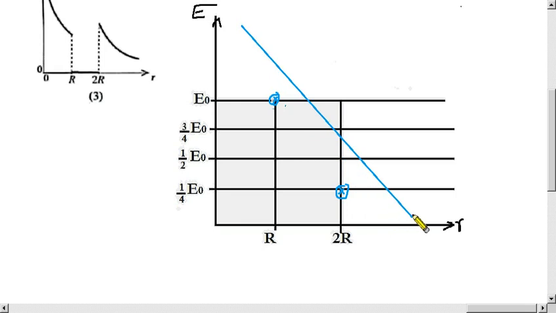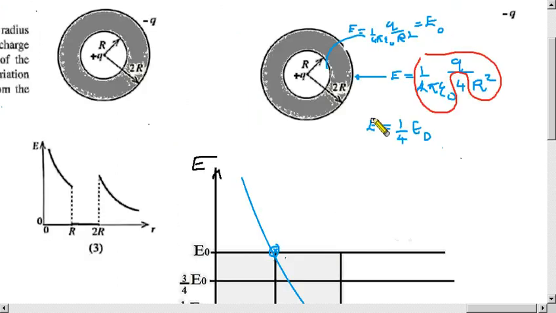So we can plot this graph like this for the q charge alone at the center. But actually there is another charge, minus q, which is distributed like this on the surface everywhere.